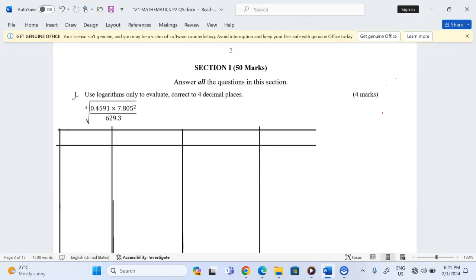We're going to organize this work such that, because we use the logarithms in the mathematical table, we have the numbers here, then their standard form, and then the logarithms at this end.